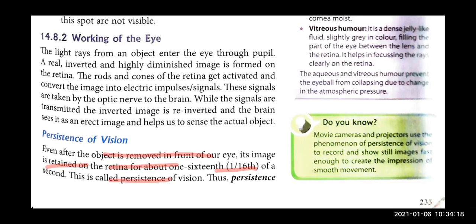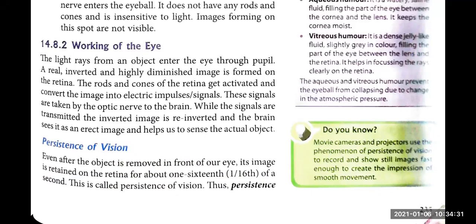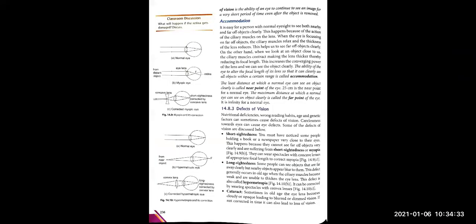So this, children, is the ability of our eye to continue seeing the image for a very short time even after the object is removed. Let's underline the definition for persistence of vision.